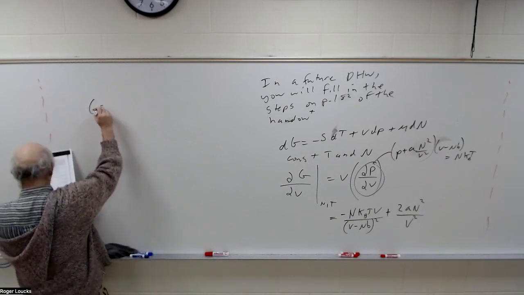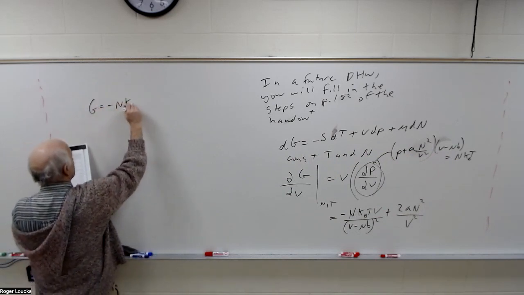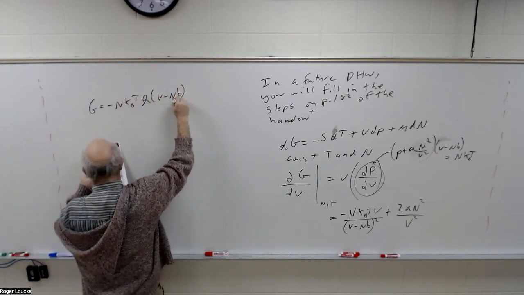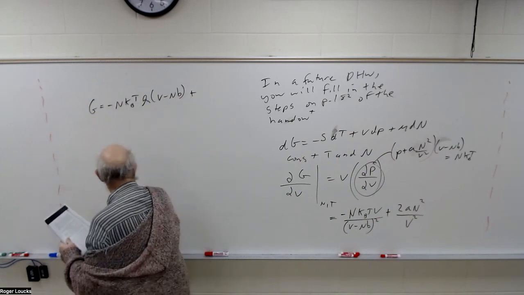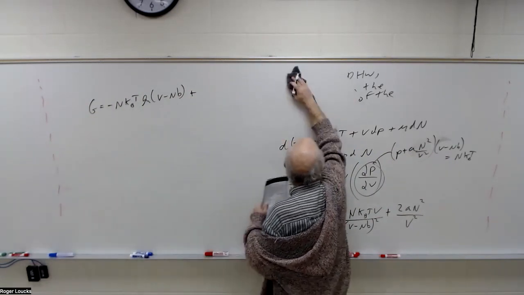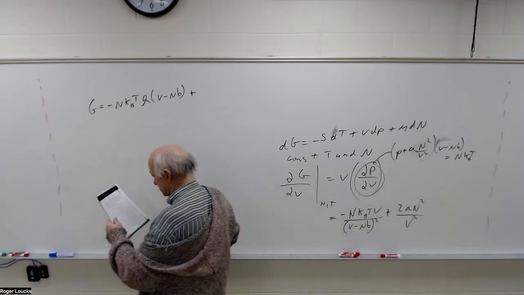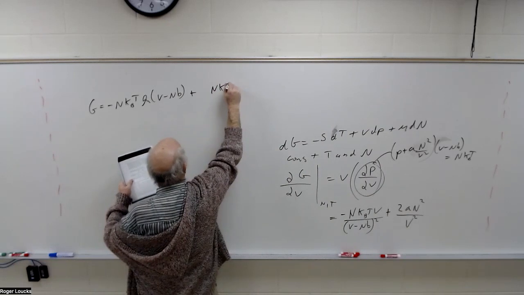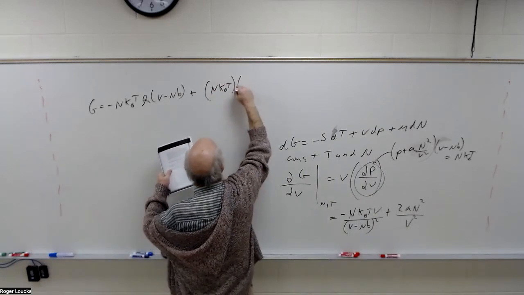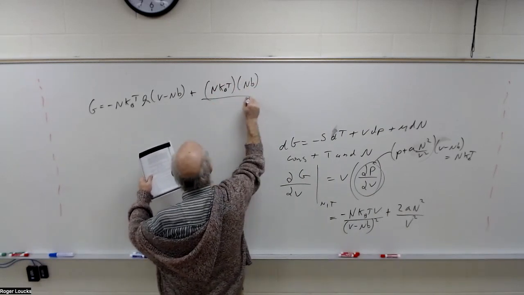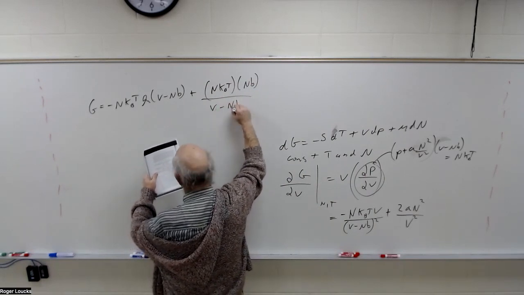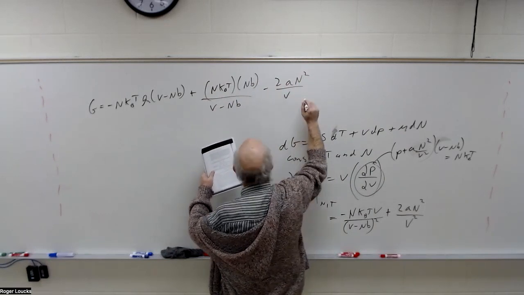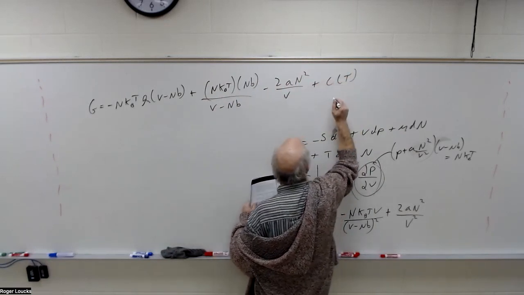Go through the steps, you're going to get G equals minus N KBT ln of V minus NB plus N KBT times NB over V minus NB minus 2A N squared over V, and plus some integration constant.